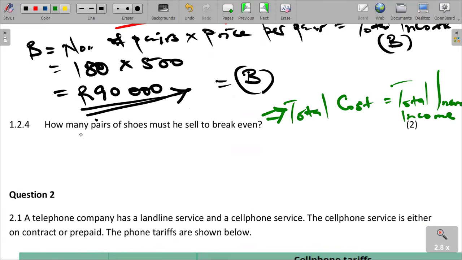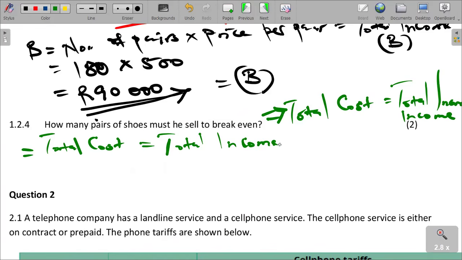Let's say at number of pairs sold, total cost is equal to total income, which is our break even.